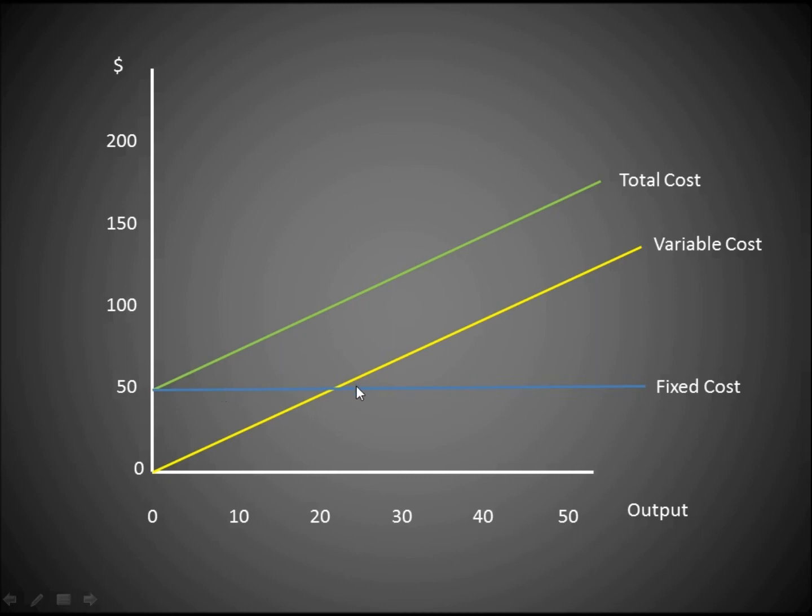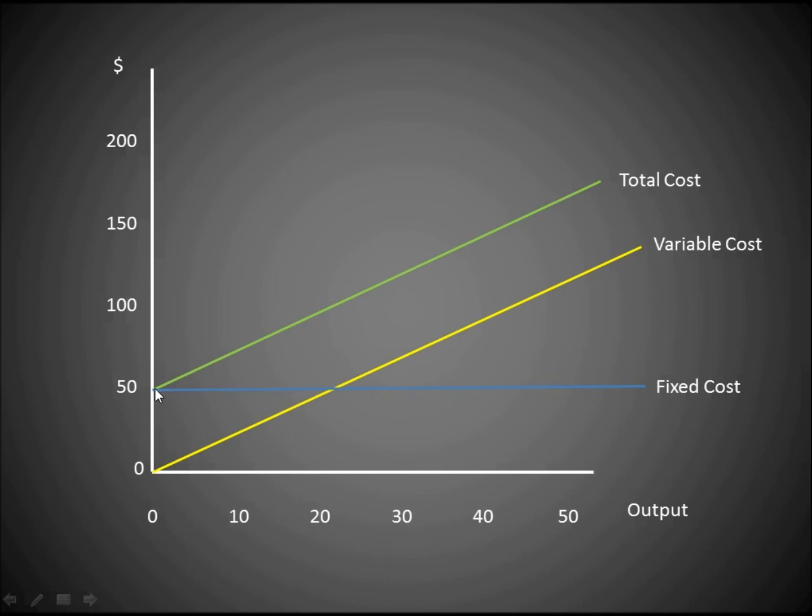That's because of this blue line. At every level of output from 0 to 50, you're always going to have $50 worth of fixed cost. Those are the costs that we have put in place that we cannot change regardless of how much output we create. So therefore, the total cost curve starts at 50. Why?